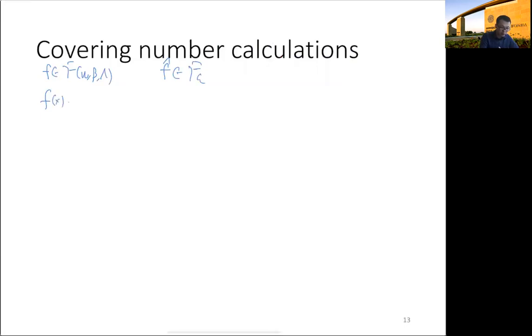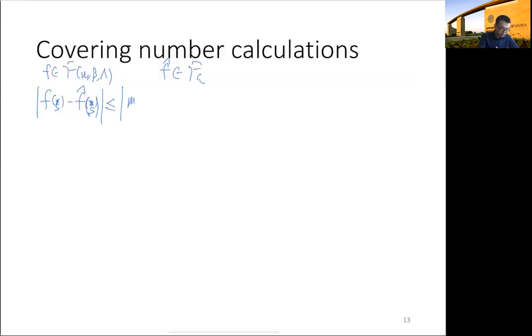Since we're measuring the distance in L infinity norm, it suffices for us to consider any input s. As long as we can provide a bound for any input s, then the bound would suffice for our purpose. So the idea is very simple. It's simply by substituting the definition of this f.